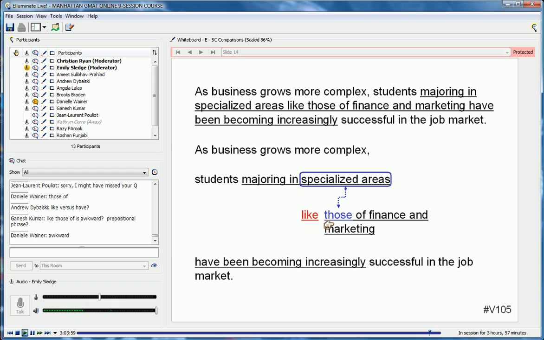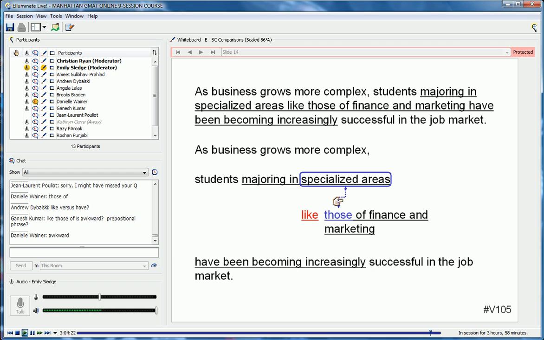If I were giving examples of specialized areas that students major in, I would say, oh, the areas like finance and marketing, and throw those out as examples. What your ear is rebelling against here is that though they are using "like" to compare nouns here, you're saying, well, "the those of" sounds weird.